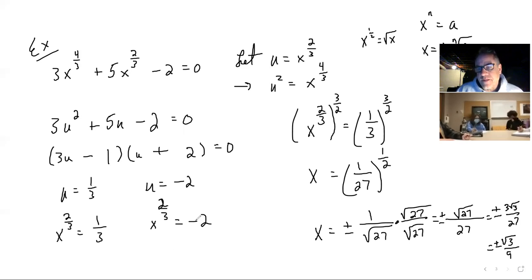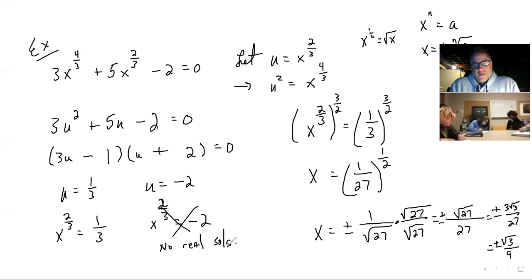I'm going to have to extract out a root of i. That is, I'm getting complex solutions. So this one has no real solutions, so I'm not going to have to worry about it. All right. Any questions on that one? No. All good? Okay.